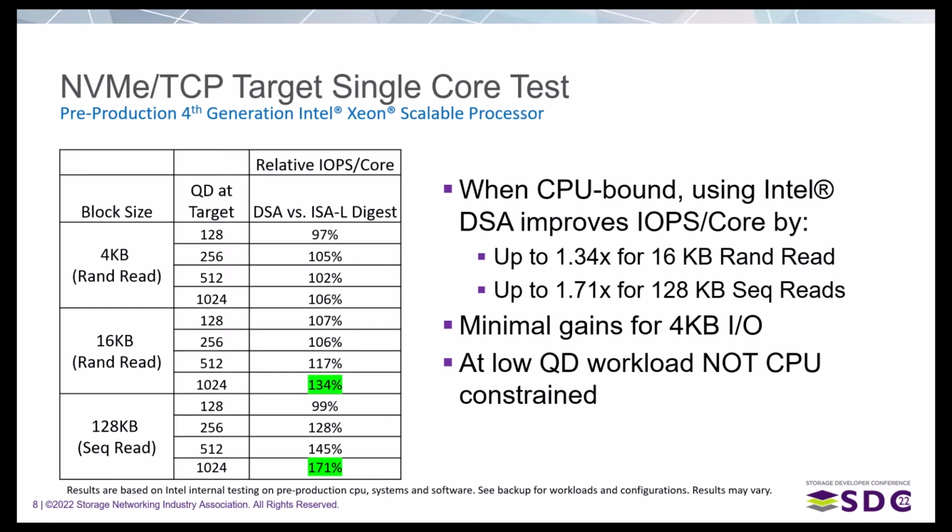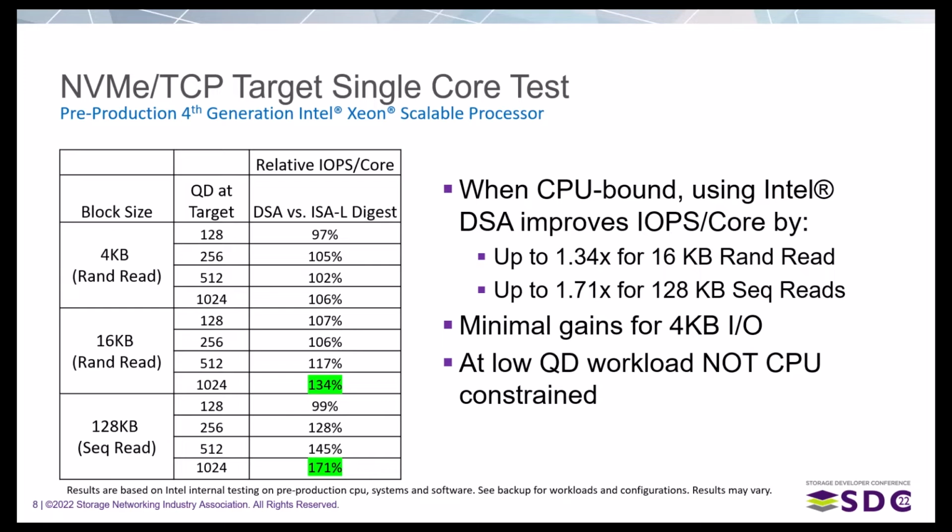At low Q depth, the workload is not CPU constrained, and that's because SPDK uses a poll mode design. What that means is if you give the SPDK target a CPU core, it will use the entire CPU core.